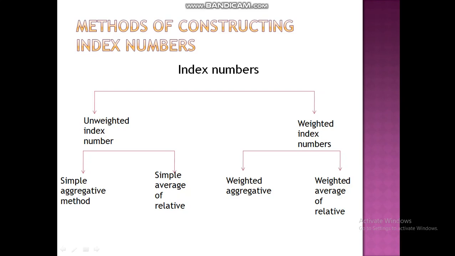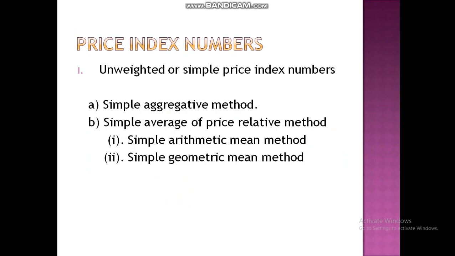This also can be further classified into simple arithmetic mean method and simple geometric mean method. In case of arithmetic mean, we'll calculate the arithmetic mean of the price relative, and in case of geometric mean, we'll calculate the geometric mean of the price relative.